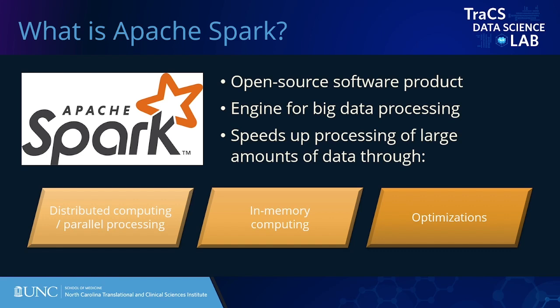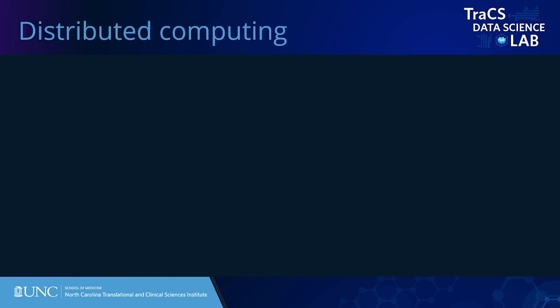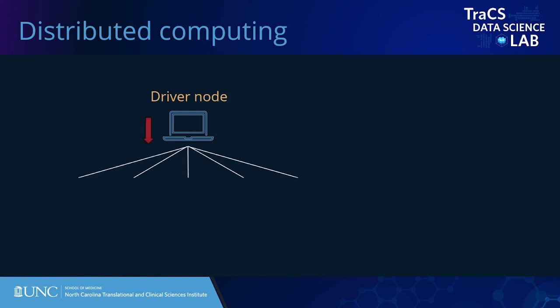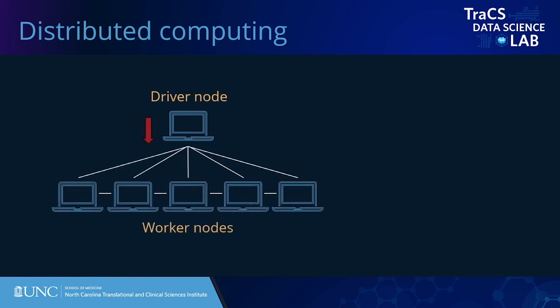We won't go into each of these, but I'll share a quick illustration of the distributed computing framework, which is one of the core features that powers both Spark and Databricks. So when you run code using Spark, you're communicating directly with a computer called the driver node. The driver node won't usually run your code. Instead, it's responsible for dividing up the computing work across a bunch of other computers that it's connected to, the worker nodes.